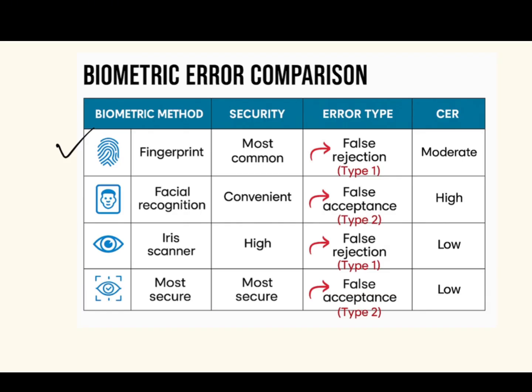So the system may deny access to the rightful user, right? And CER is moderate, relatively balanced, but not the most accurate. For example, the phone does not unlock even with the correct finger due to moisture or sensor issues, right?